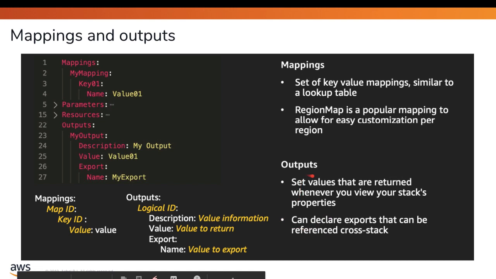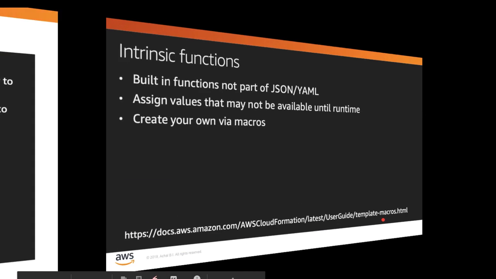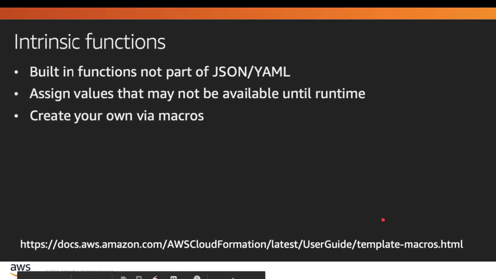As I said, outputs can declare exports, and exports can be used to reference across stacks. Let's see what that is. Intrinsic functions are basically built-in functions, and they are not part of JSON or YAML.